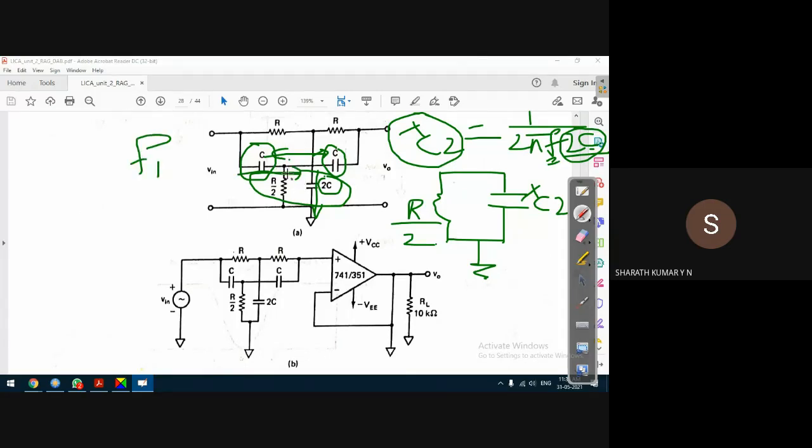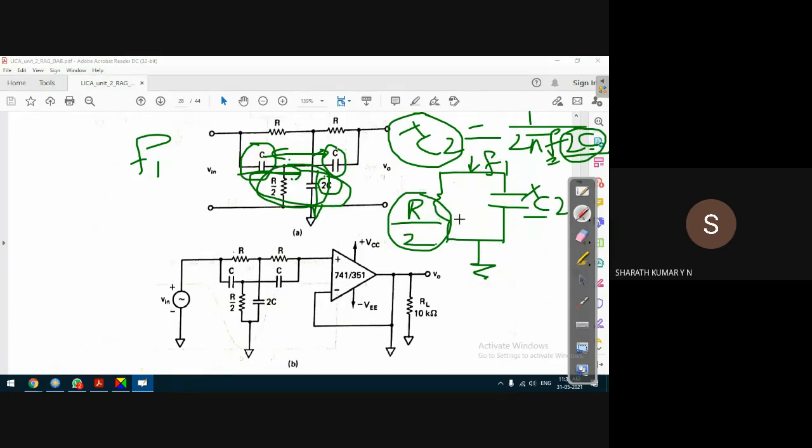This F1 is applied to this parallel network, where one side is the resistance, and the other side is the impedance of the capacitance. So the input frequency for this network is F1.